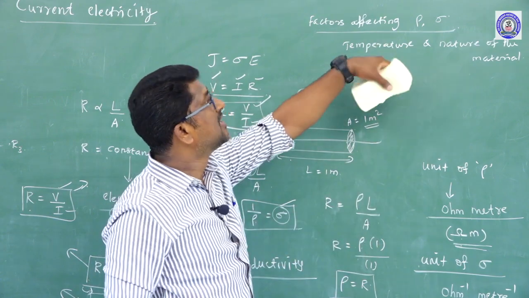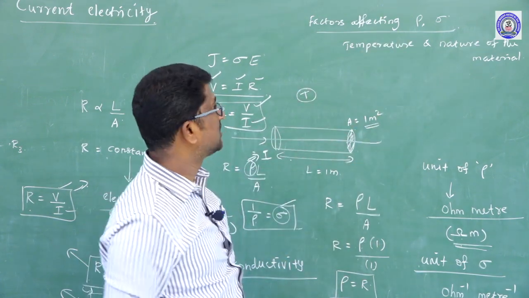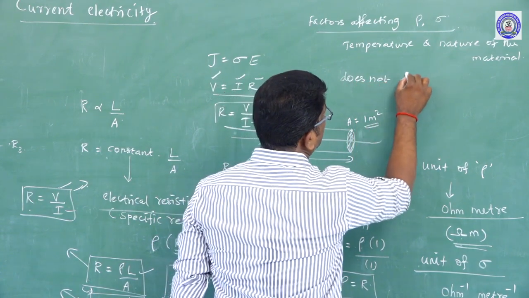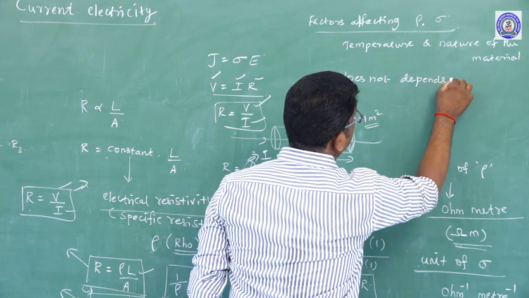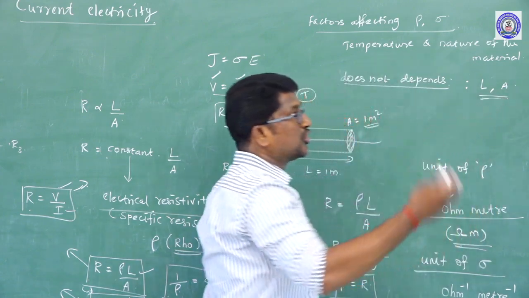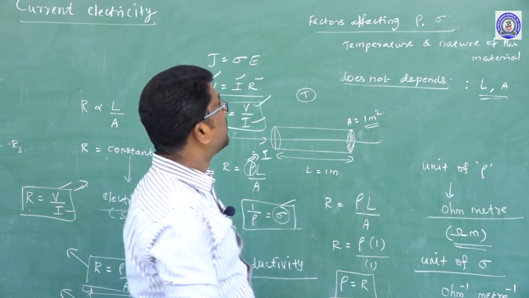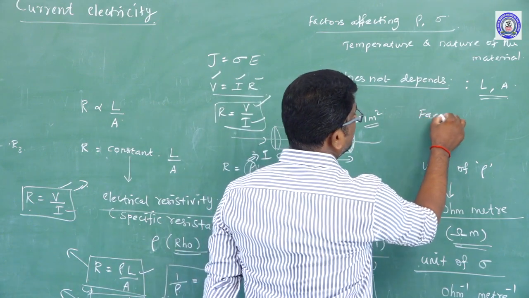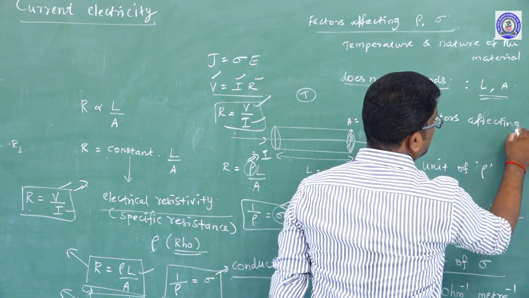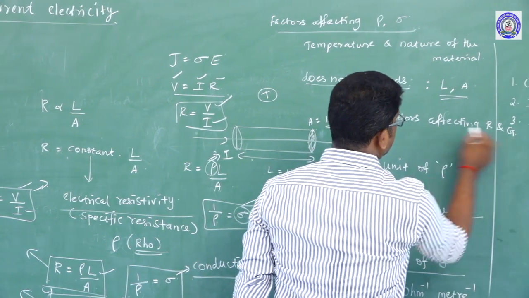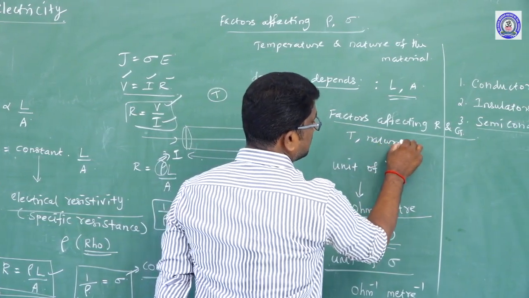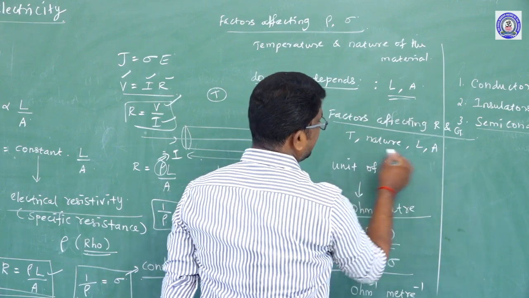If the temperature changes, resistivity and electrical conductivity values change, but they do not depend on length and area of cross section, or the dimension of the material. But factors affecting resistance and conductance are temperature, nature of the material, length of the conductor and area of cross section.